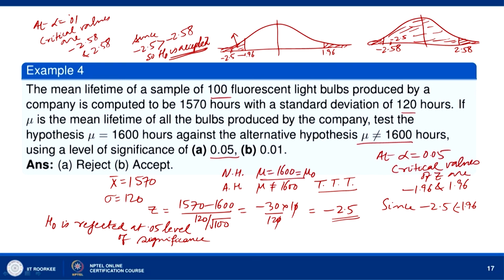So, the mean mu equal to 1600 hours is accepted at 0.01 level of significance, while in the case of 0.05 level of significance, mu equal to 1600 hours is rejected. So, this is what I had to say in this lecture. Thank you very much for your attention.